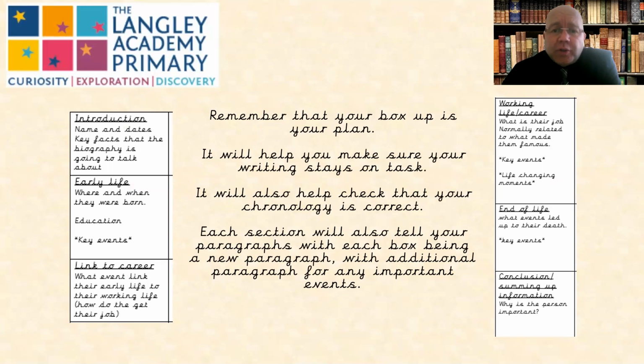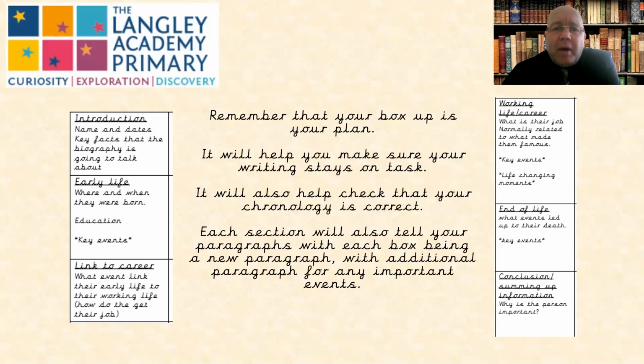So use your box up, work through those notes, work through that research. Each section is also going to tell you what your paragraphs should be and when to start a new paragraph. Add an extra paragraph for important events. So if the theme has changed, you're now talking about a different event in that person's life, new paragraph.